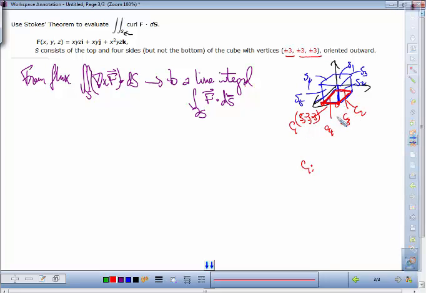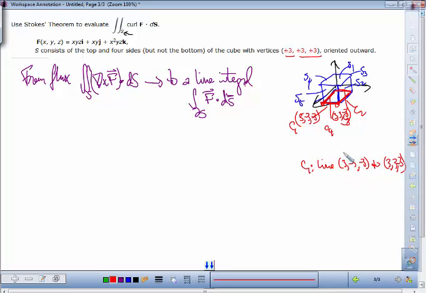And it goes to this other point where it's positive 3 in the X, positive 3 in the Y, and negative 3 in the Z. So our C1 is a line segment from (3, -3, -3) to (3, 3, -3). Okay?